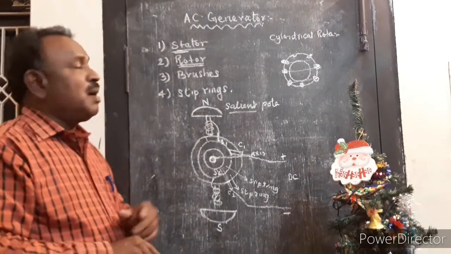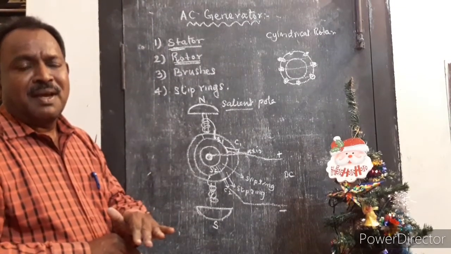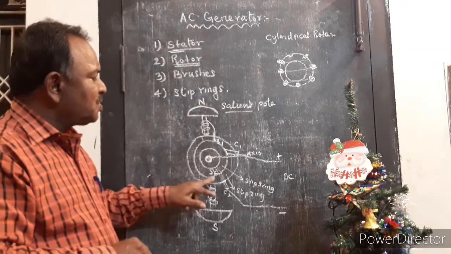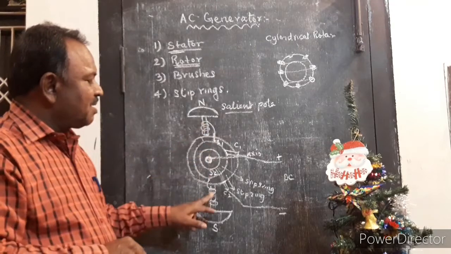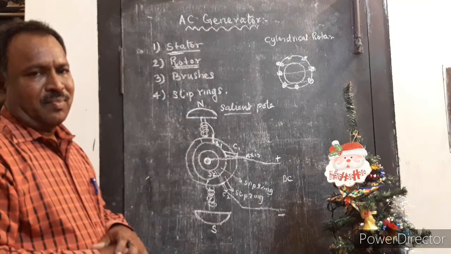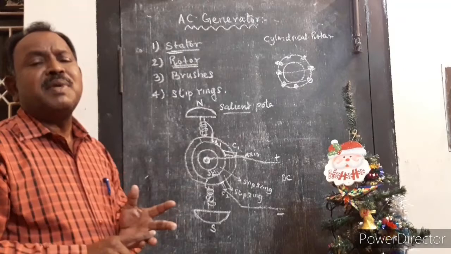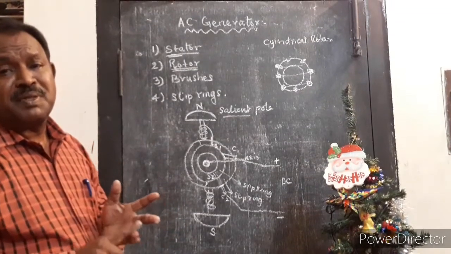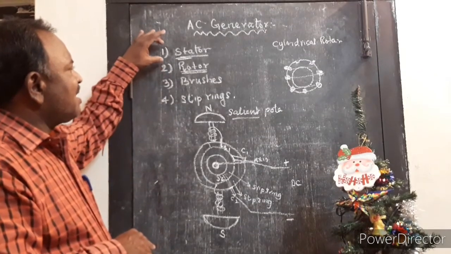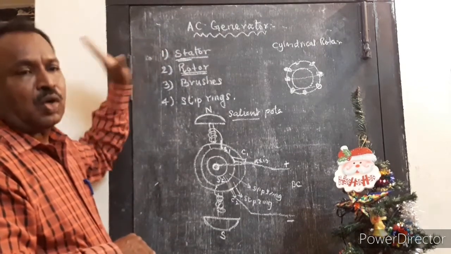Not only that, using the armature coil as the stator minimizes the number of slip rings that we use. Slip rings are only used for the DC component in order to excite the rotor. So these are the advantages of selecting the armature coil as the stator and the field magnet as the rotor.